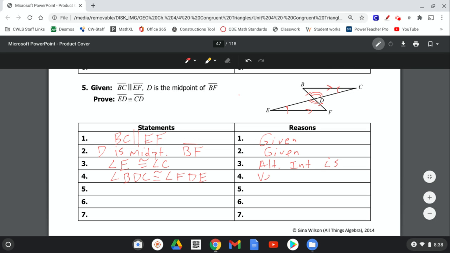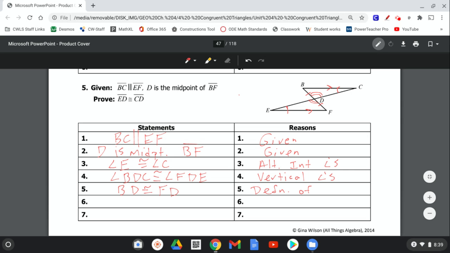And that is going to be because of vertical angles. And then we're also going to have that BD is congruent to FD. Okay, and that is because definition of the midpoint.